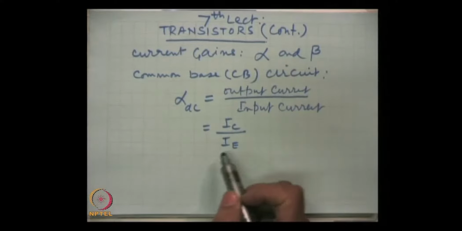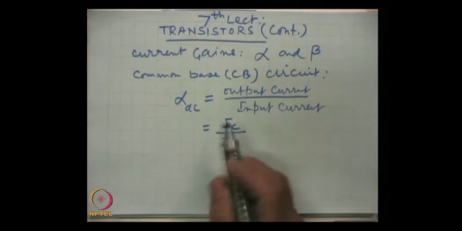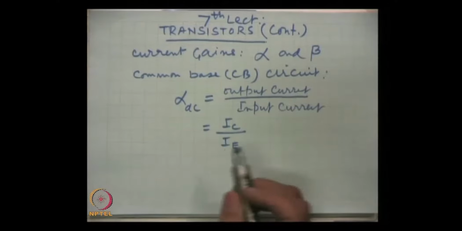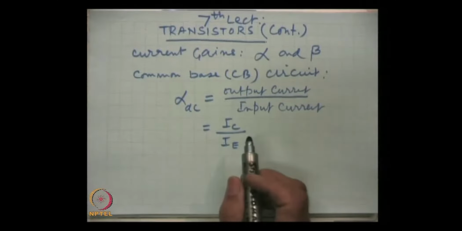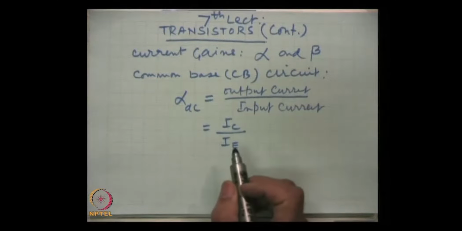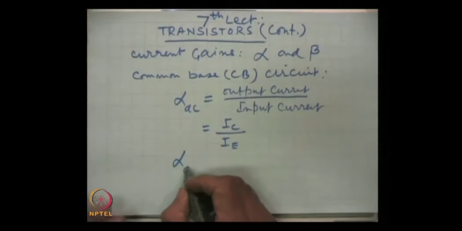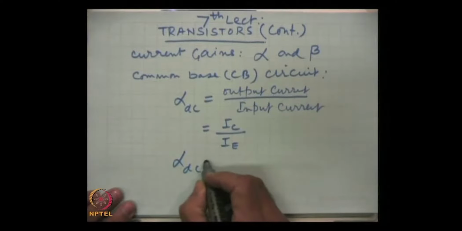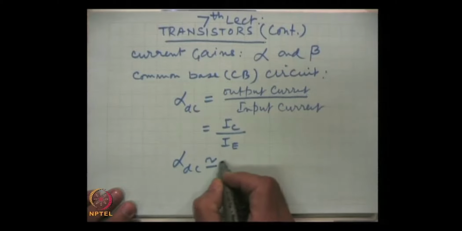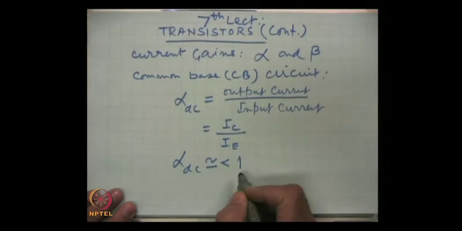Most of the electrons in an NPN transistor cross over to the collector region and finally they are collected, but a small portion of the electrons get recombined in the base region, which constitutes what we call the base current. So, alpha DC is very close to, but less than, unity.